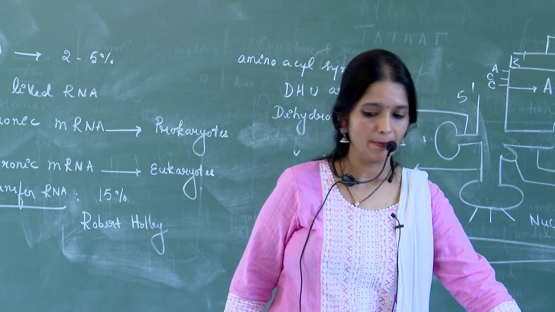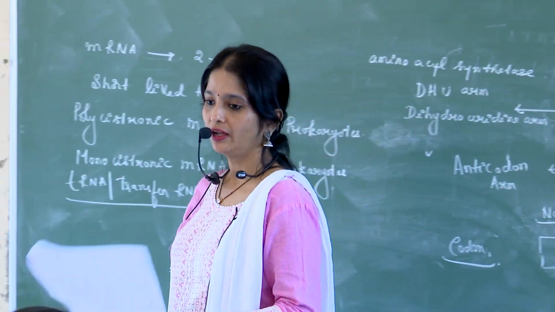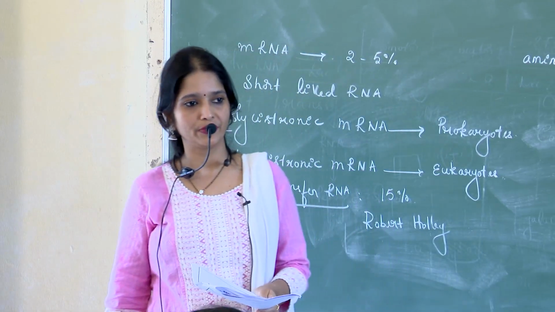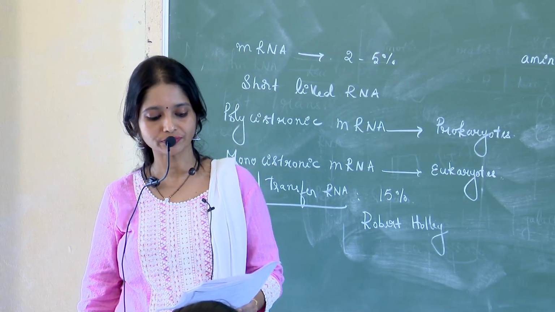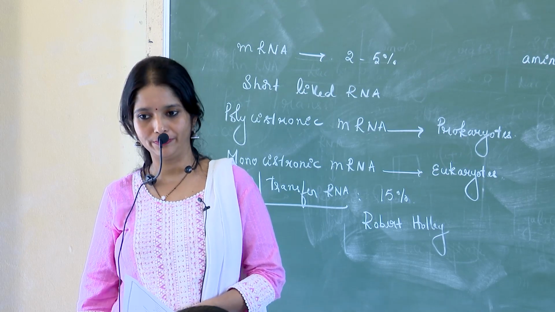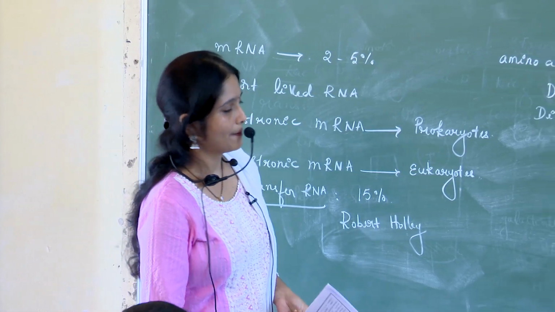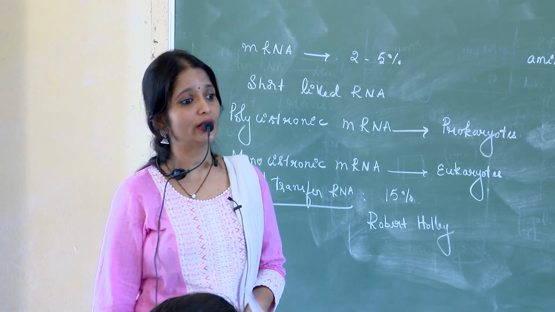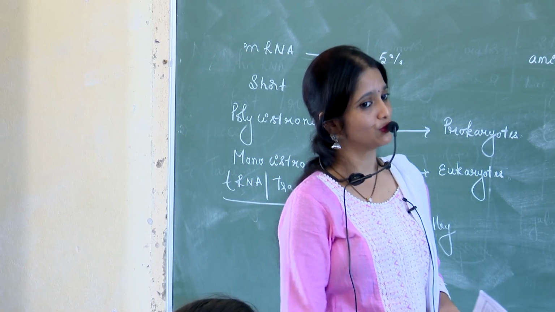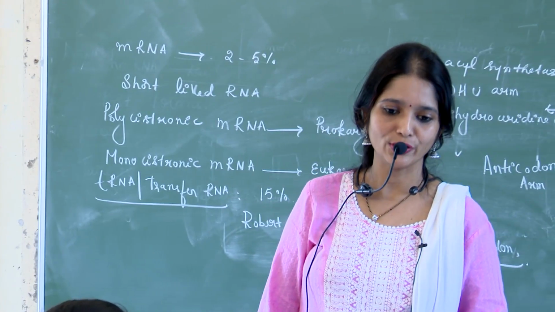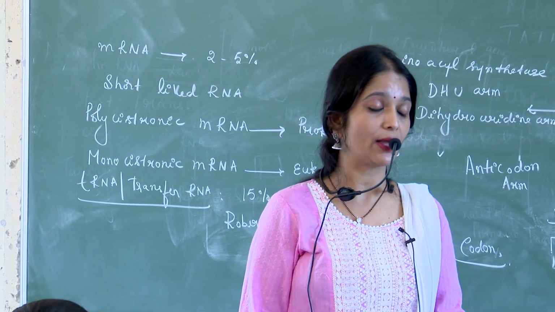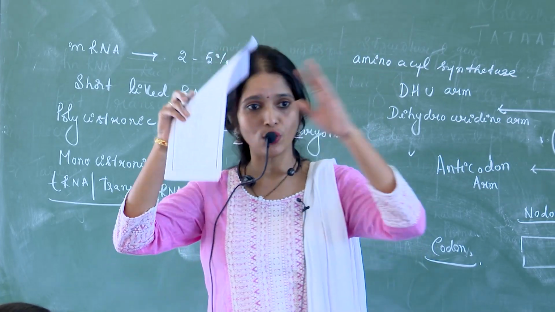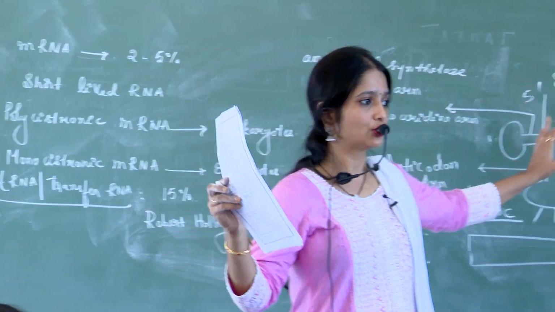The third arm, anticodon arm. It binds to mRNA. The next arm, DHU arm, dihydrouridine arm, binds to amino acid synthetase enzyme.